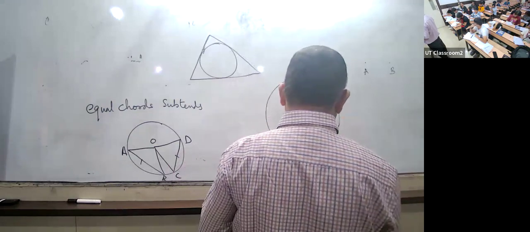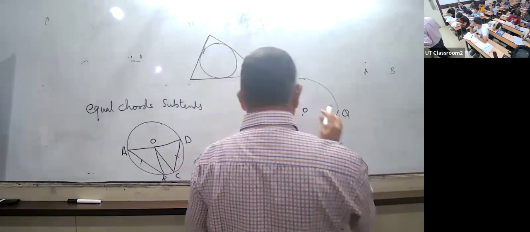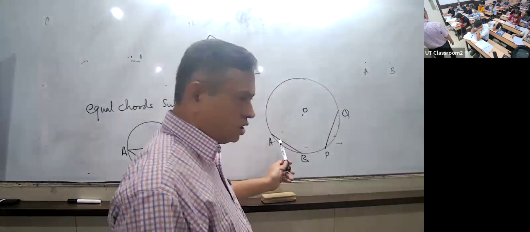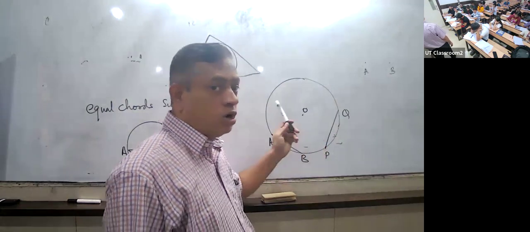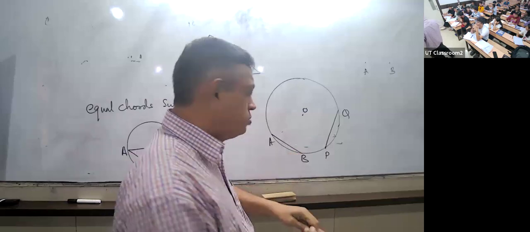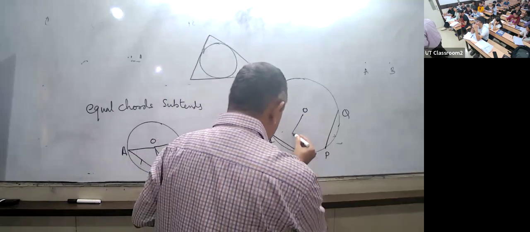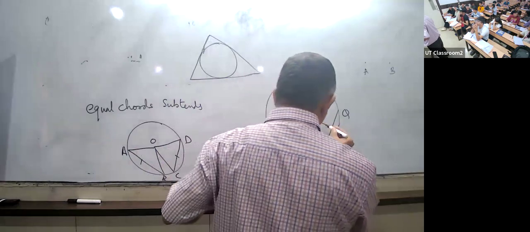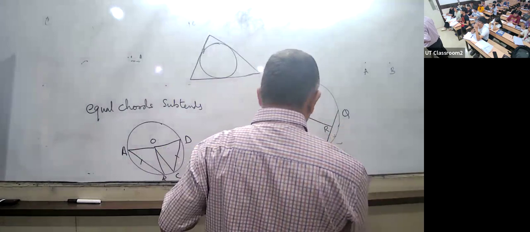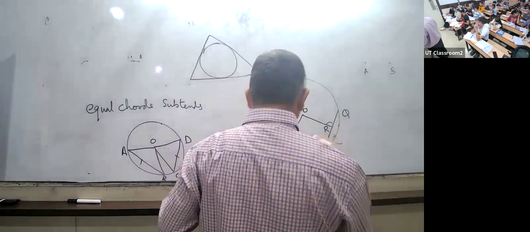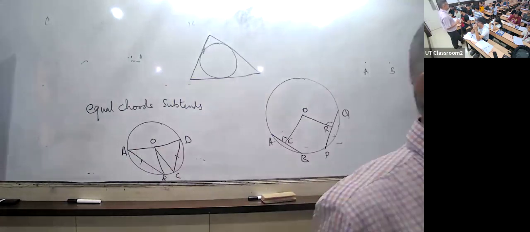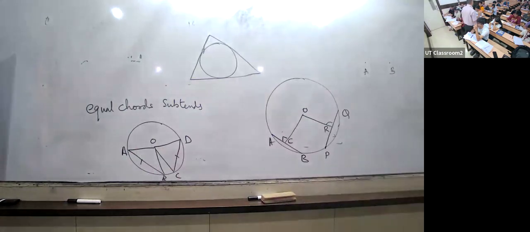Look over here, theorem 7 and 8, it's a theorem and its converse. If chord AB and chord PQ are equal, then the distances are equal, let's say OC is equal to OR. When 2 chords are equal, then the distances are equal. Opposite: when the distances are equal, then the chords are equal.